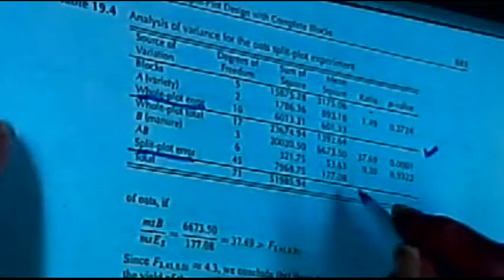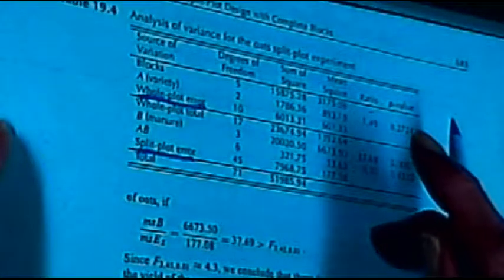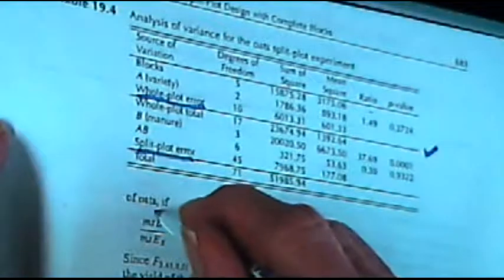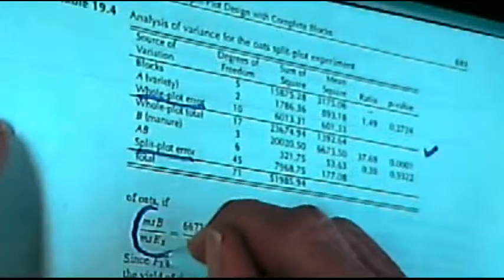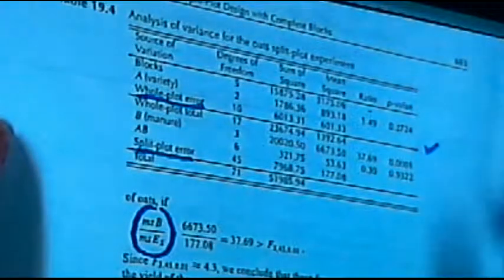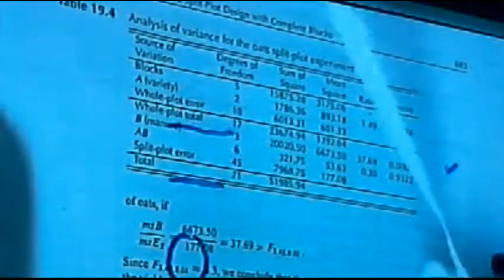So you can check how the denominators were being used, although in the writing on the page here, you can see what they're talking about in forming the F ratios. This source doesn't list the expected mean square column so nicely as other sources do.